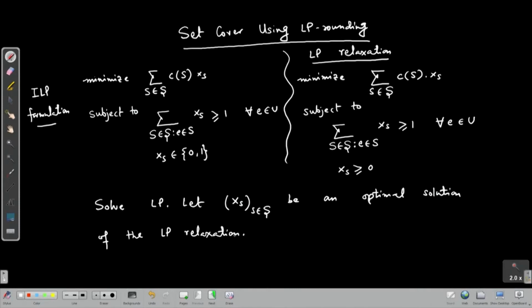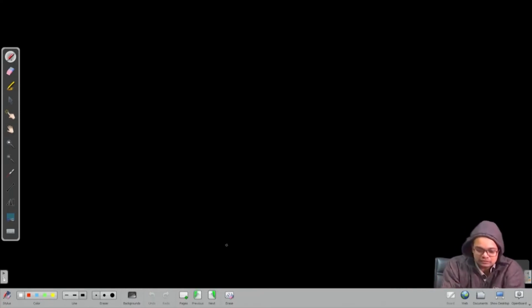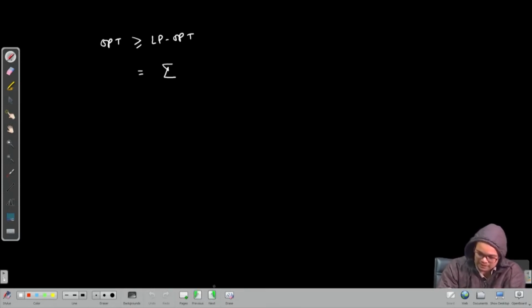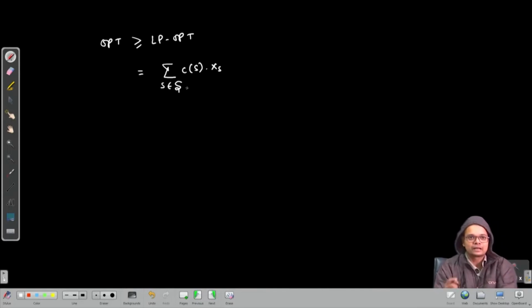Now the final step is to use this solution to construct an integral solution. Because this is a solution, we have OPT is of course greater than or equal to LP OPT, and LP OPT is summation of C_S times X_S, S in script S.